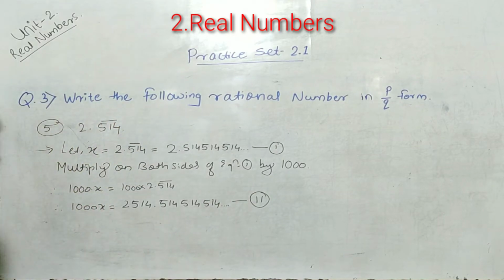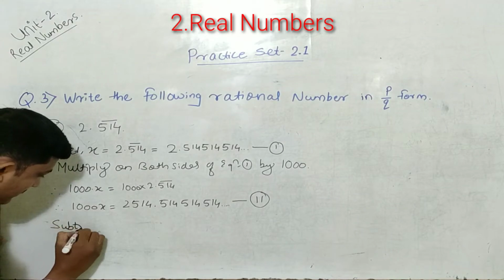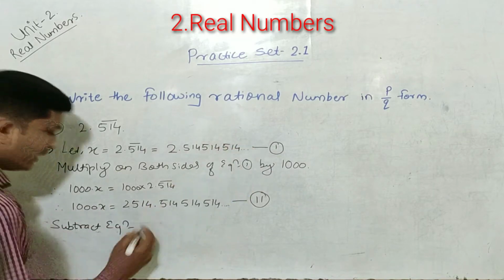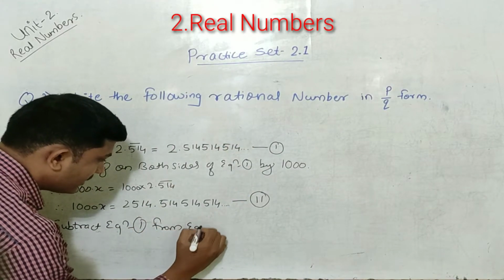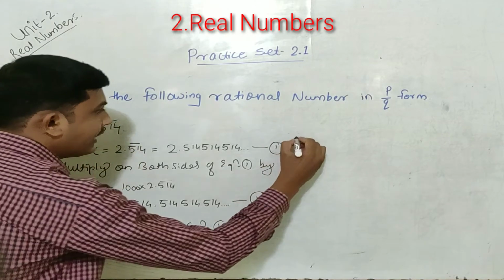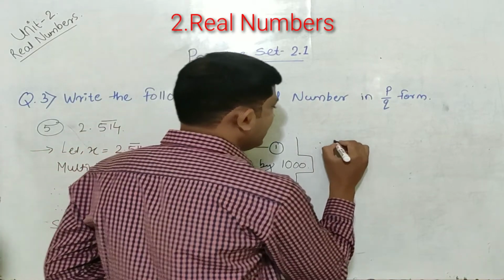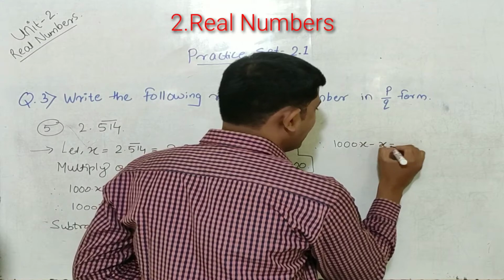Now subtract equation 1 from equation 2. What do we get here? 1000 times x minus 1x.